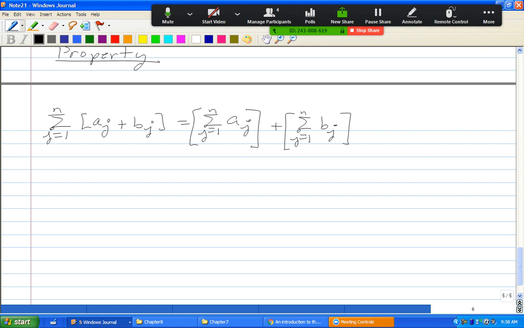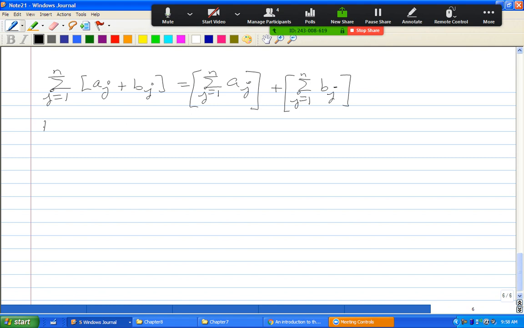Okay, where n, of course, is a natural number, and so are the j's, and the a's and b's are in some field. So that's the proof.